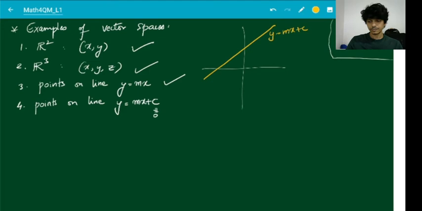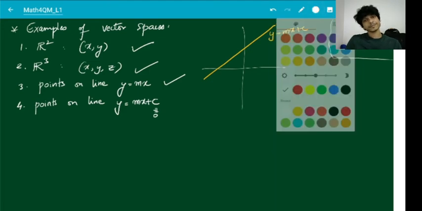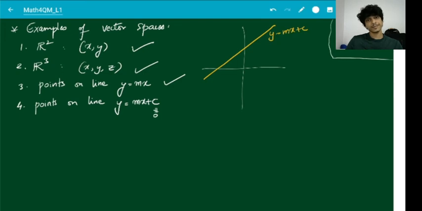Now the question is, if I take two vectors, or two points, along this line and add them up, will I still get a point along this line? Turns out there is no guarantee. But it's much easier to see why this is not a vector space, simply because this 0, 0 is not on this line. There is no point on this line which can act as the zero vector or the null vector. Therefore, this is not a vector space.